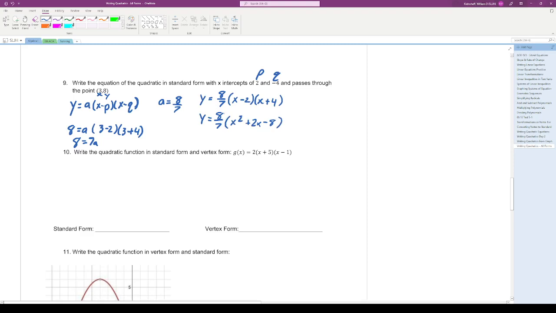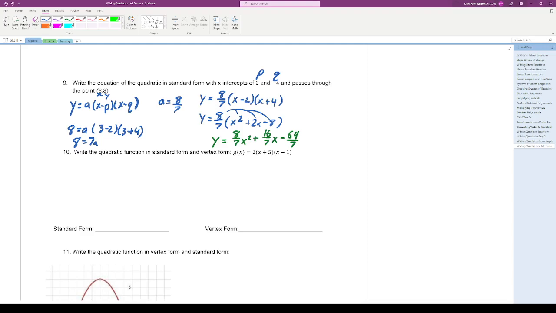And then distribute here to write standard form. So we end up with our answer as y equals 8/7 x squared plus 16/7 x minus 64 over 7. Okay, well that's a number right there.